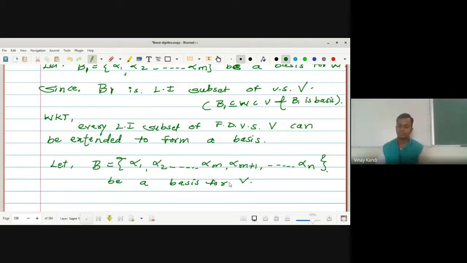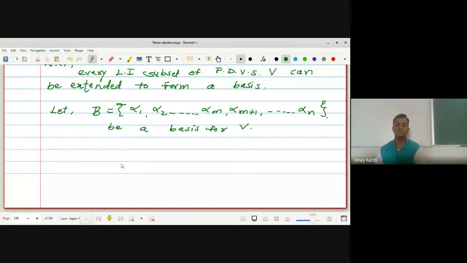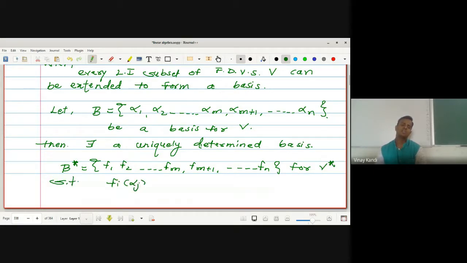No, sir. Now, if this one is B, then by the previous theorem there exists a uniquely determined dual basis B star equal to F1, F2, up to Fm, Fm plus 1, up to Fn, for V star, such that Fi of alpha j is equal to delta ij.